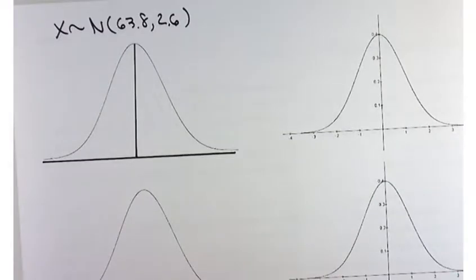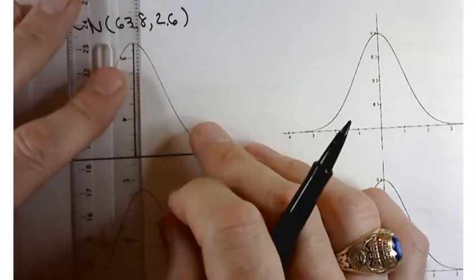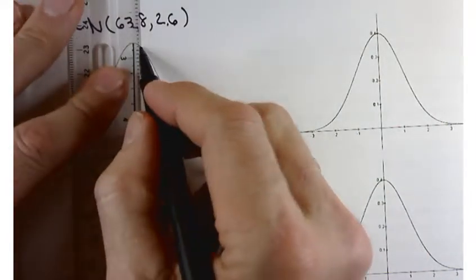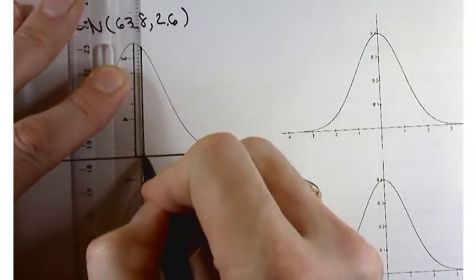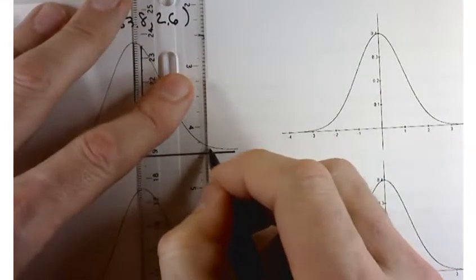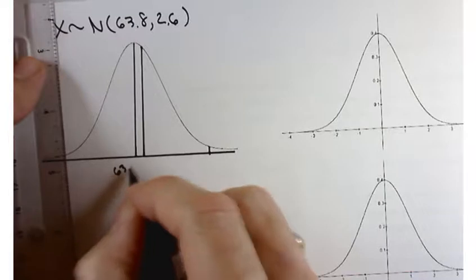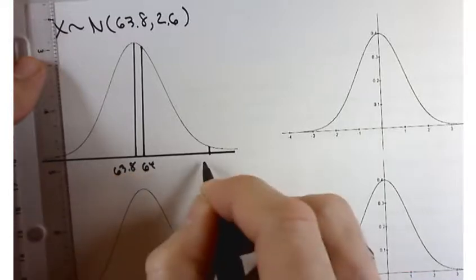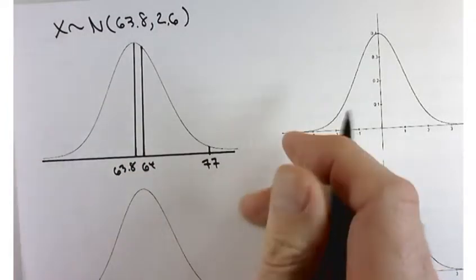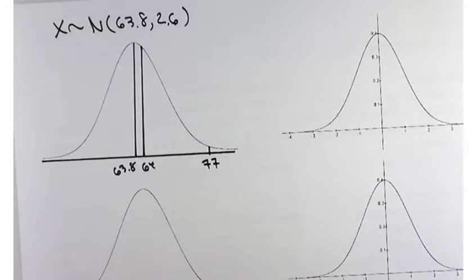So the Air Force wants to find the percentage of women that have heights between 64 inches and 77 inches. So this is 63.8, that's 64, and that's 77. So we want to find the percentage of women in here.